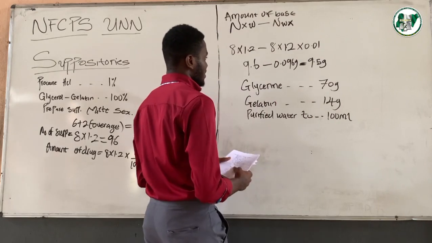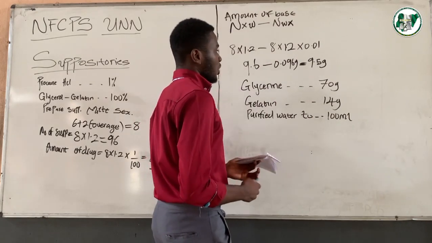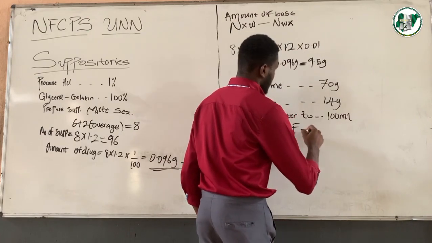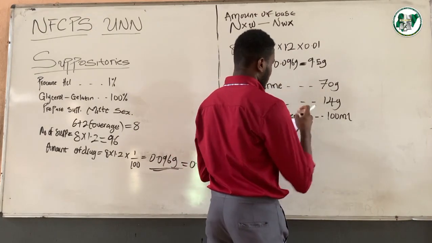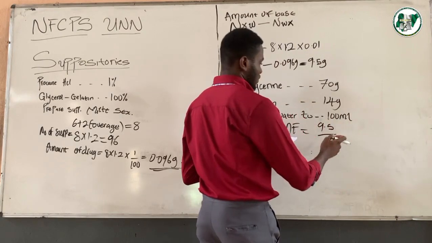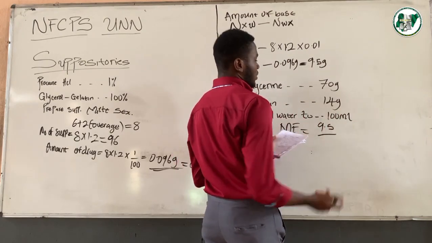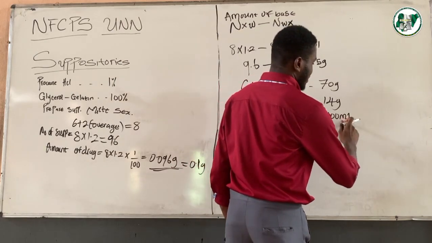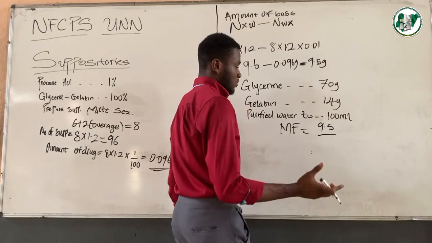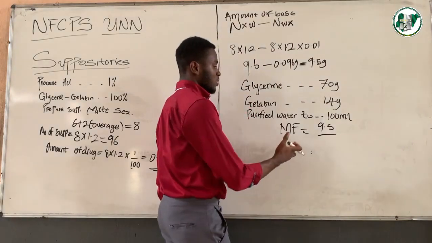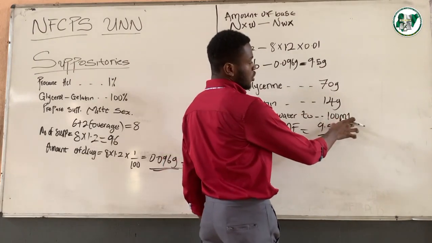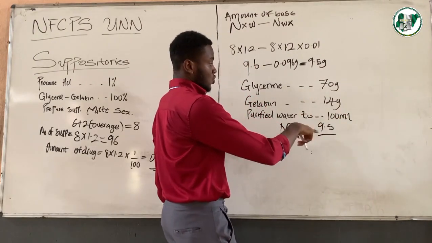Because this is going to be a liquid preparation, we are going to get a multiplication factor. The multiplication factor here is going to be the amount to prepare, which is 9.5 gram, divided by the amount given, 100. Now, water is 100 ml, and for us to get our multiplication factor, remember the multiplication factor is usually without unit, so the 2 units here must be equal. So we're converting this 100 ml of water to gram.